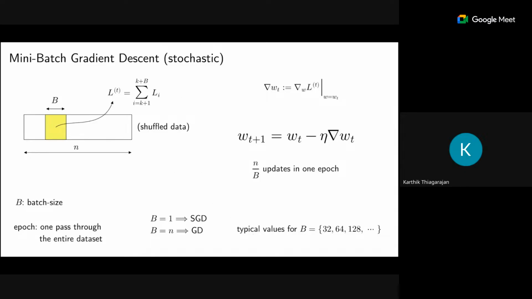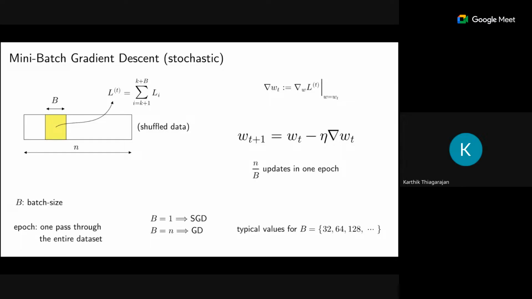Now we'll come to some specifics. How does it fix the computational issue? By considering the gradient of only a small set of training examples. That is the main reason for introducing this. But interestingly, it also has a few other interesting properties. One thing is, in every iteration, you are looking at a different subset of the data.